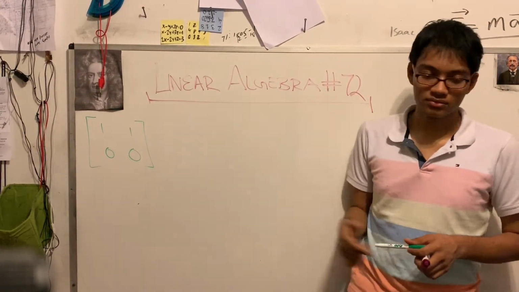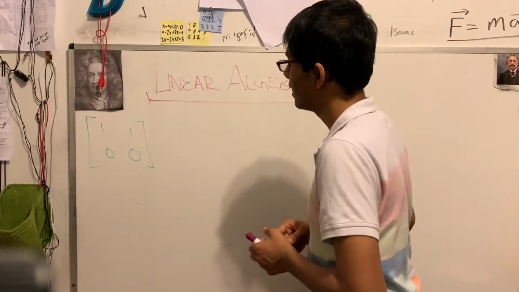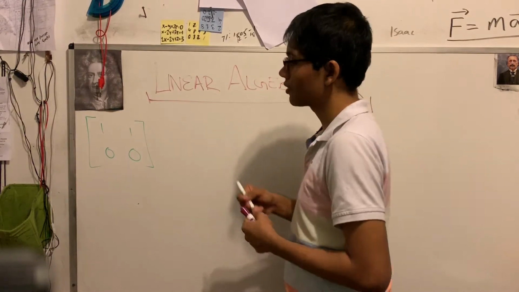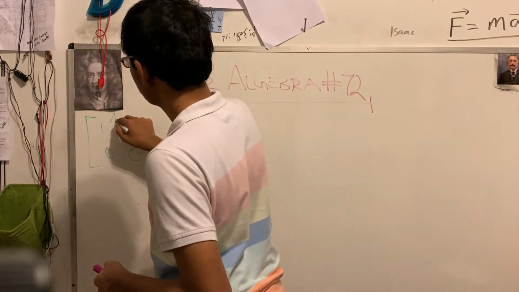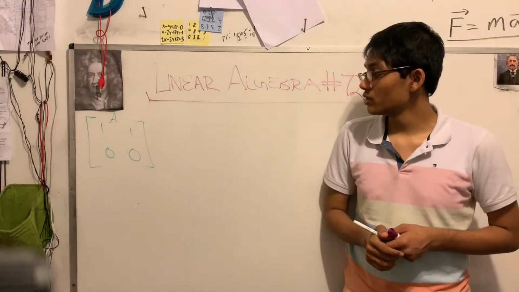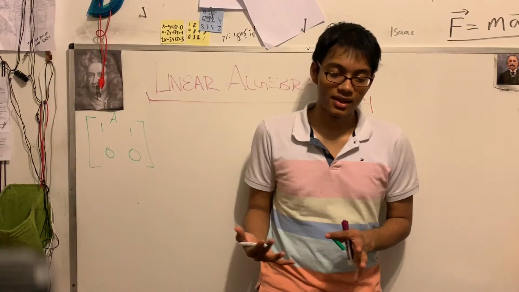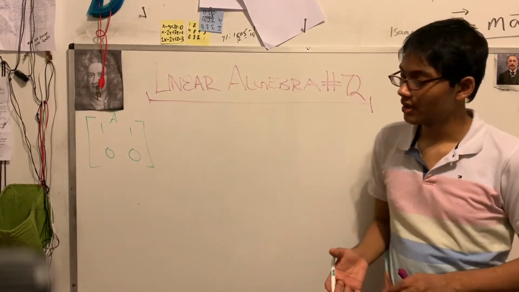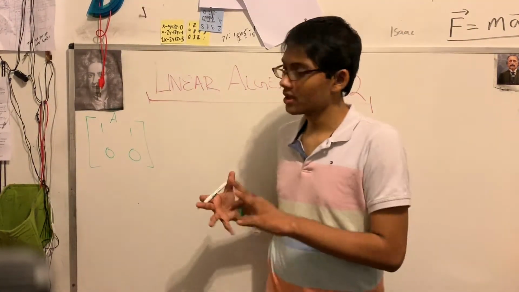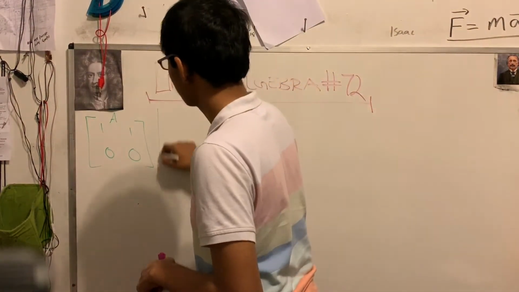This is a 2x2 matrix. We can call this matrix A. Remember in the do now we were talking about the 4 subspaces of a matrix. Today we're going to be focusing on the column and null space. So first, let's look at the column space.